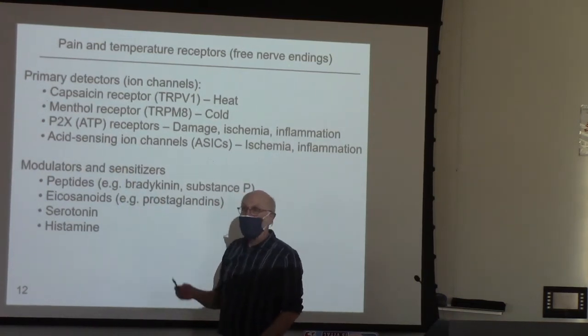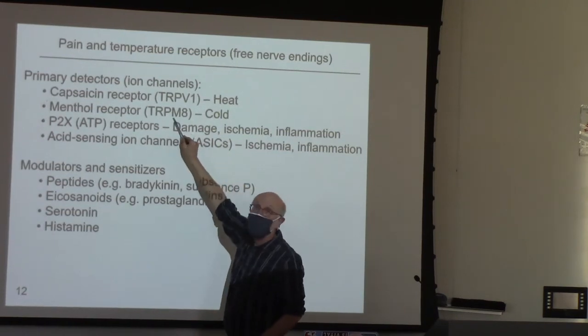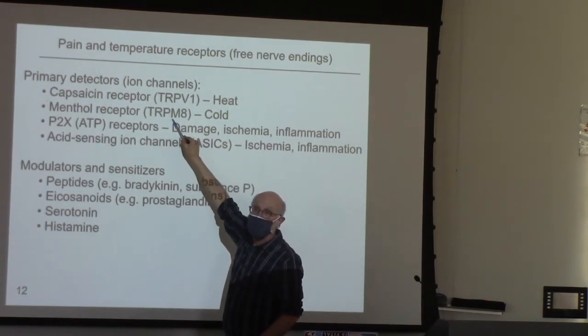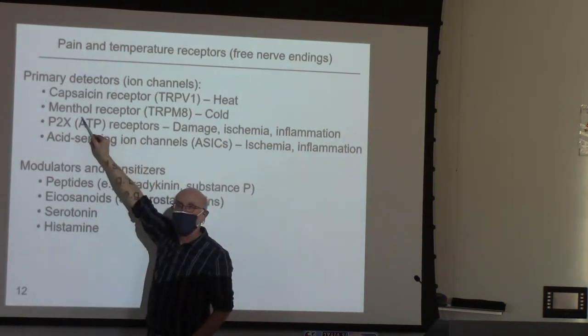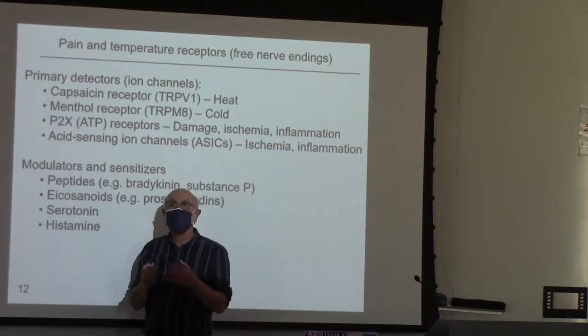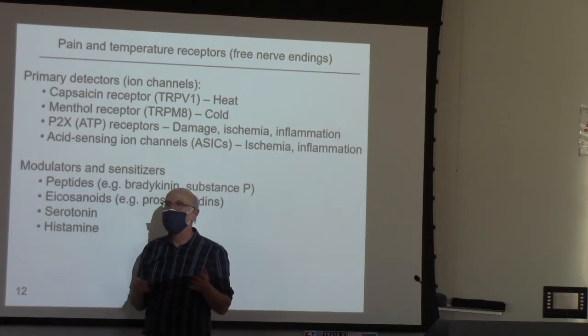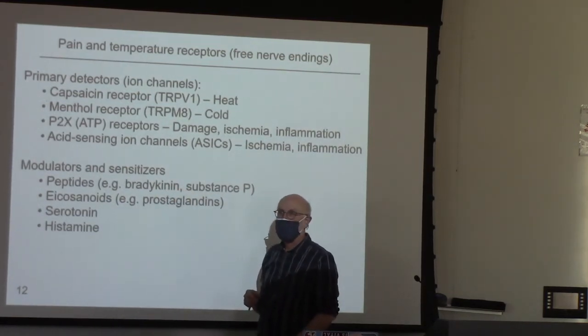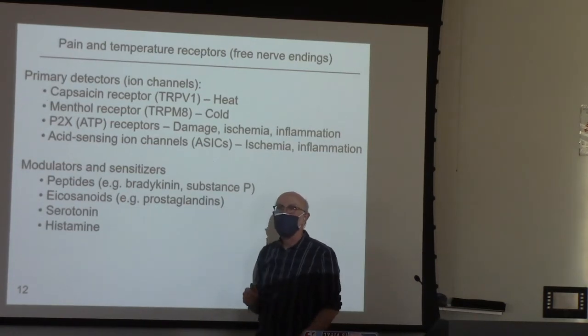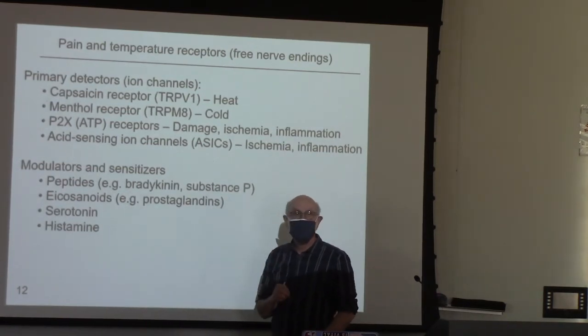We detect cold by a related receptor that detects cold and menthol. If you put menthol on your skin, it feels cold because it's activating the same receptor. Menthol also has a very distinctive odor, so it kind of has a taste.